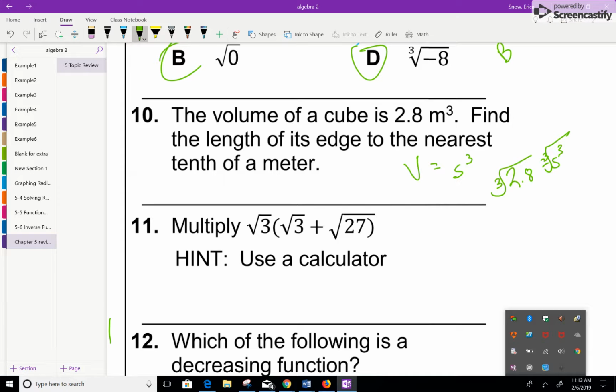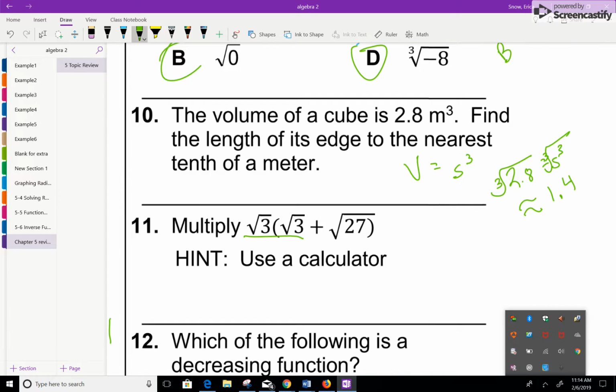We're going to take the cube root of 2.8, and I'm going to put it in my calculator. The cube root of 2.8 is approximately 1.4. They want it to the nearest tenth of a meter.